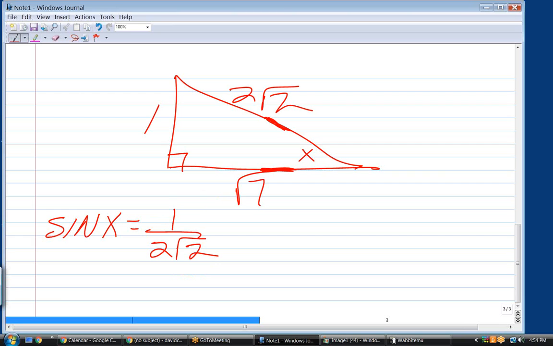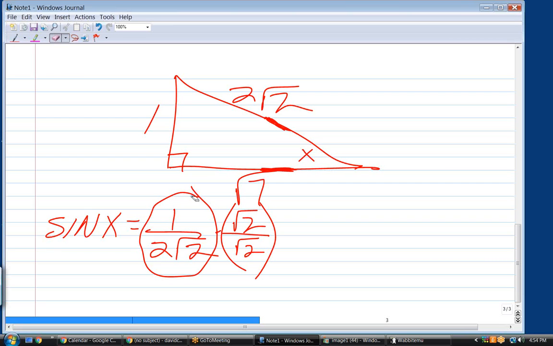What do I do to rationalize it? Multiply by the square root of 2. Well, I can't just multiply by the square root of 2 because that changes the value. But I can multiply the bottom by square root of 2 and then the top by square root of 2, because now all I'm doing is multiplying that fraction by the number 1.